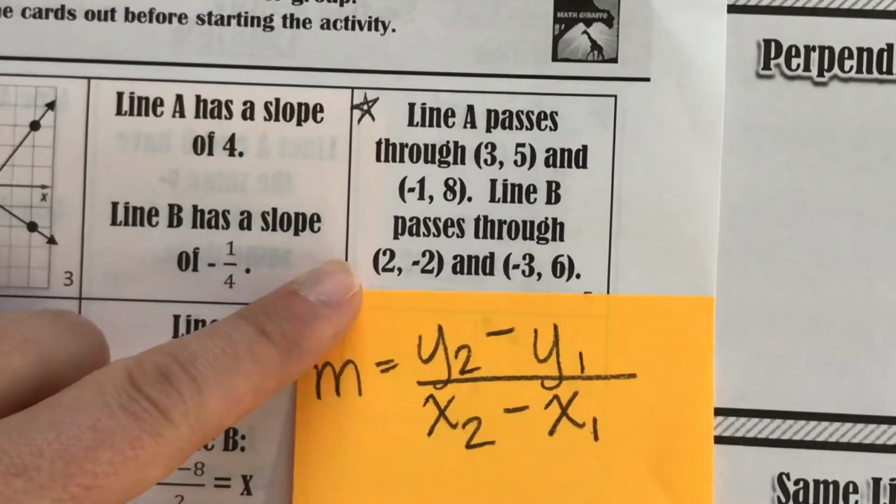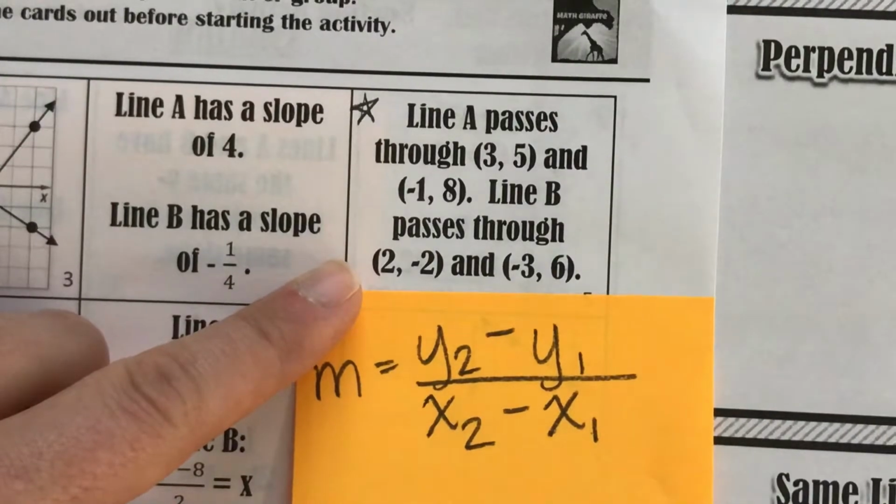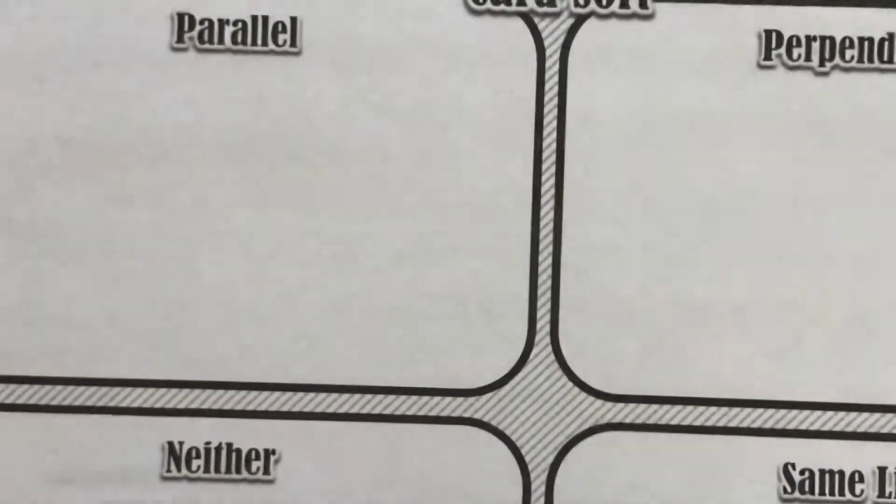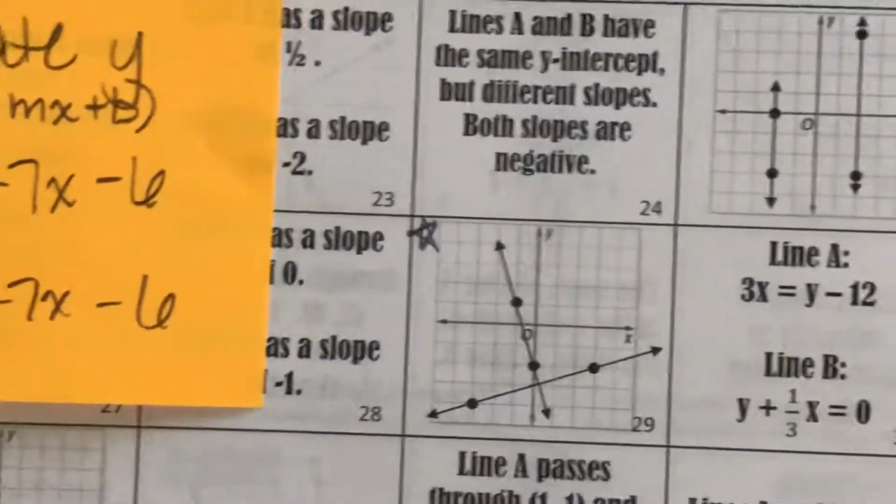Do they end up being the same line or two different lines, okay? Not the same line or two different, the same slope or that negative reciprocal slope, or what is the relationship between those two situations?